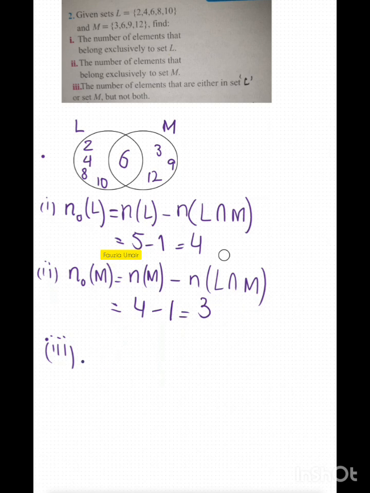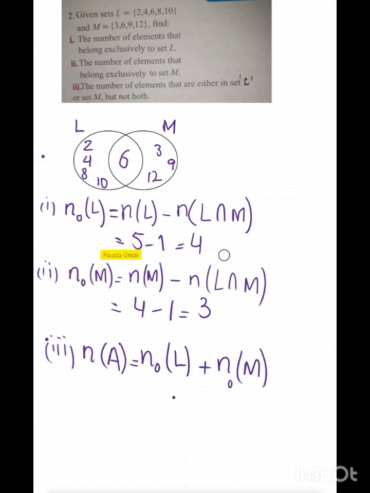So the same question just like question number 1. I am naming the answer of part 3 as set A. It's equal to the number of elements which only belong to L plus the number of elements which only belong to M.